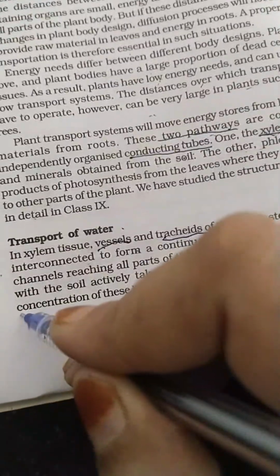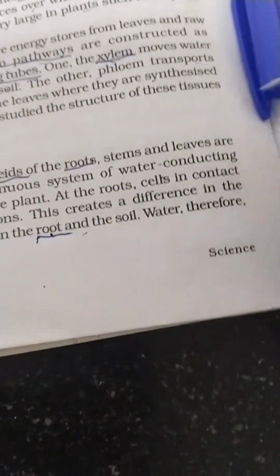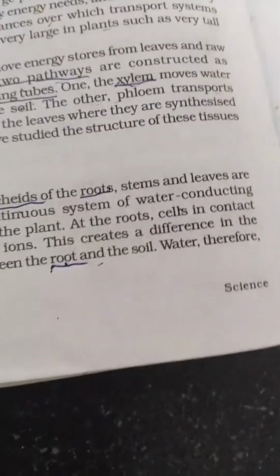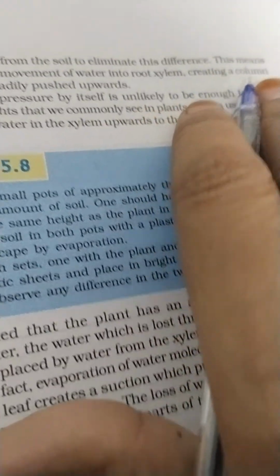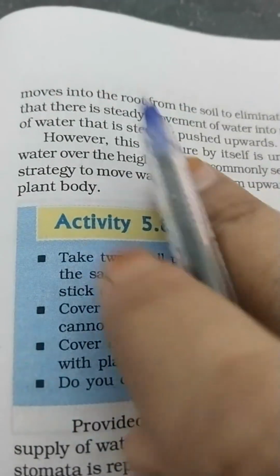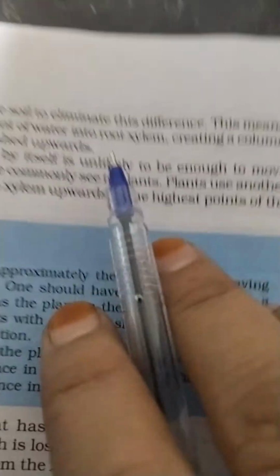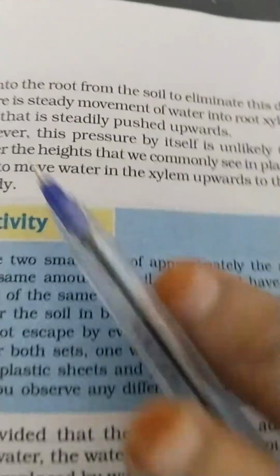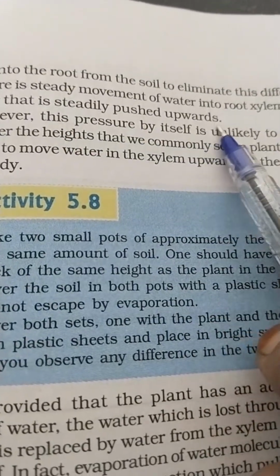By maintaining the concentration between roots and the soil. Okay, water therefore moves into the root from the soil to eliminate this difference. This means that there is a steady movement of water into root xylem, creating a column of water that is steadily pushed upwards.